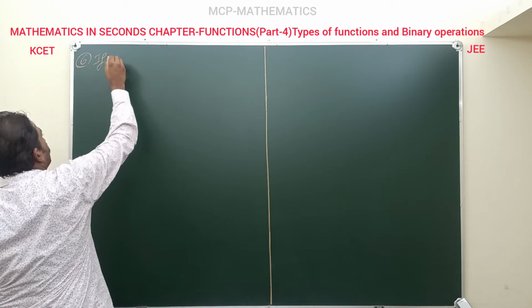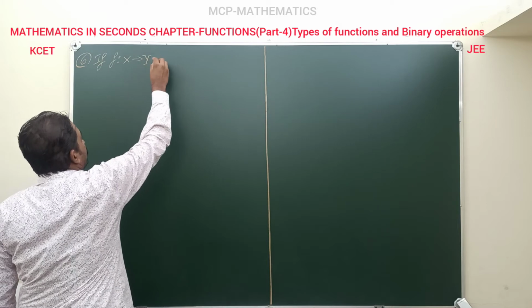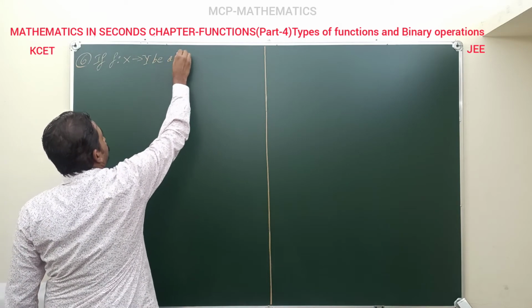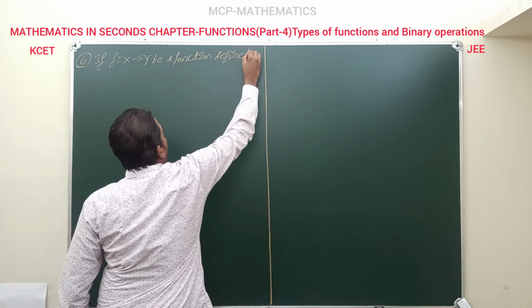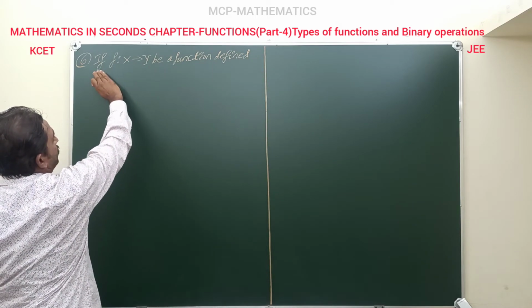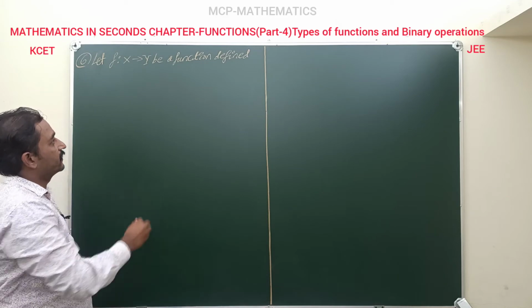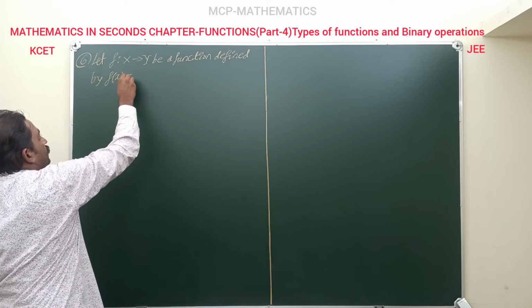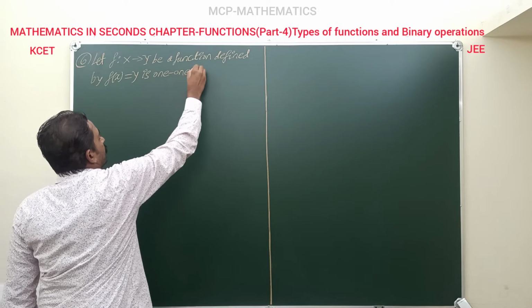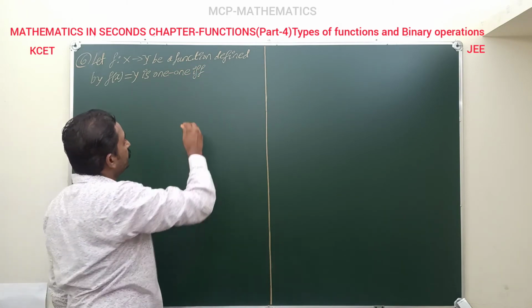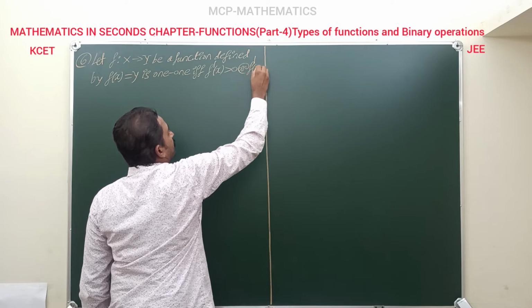So let f from X to Y be a function defined by y = f(x). It is one-one if and only if f'(x) > 0 or f'(x) < 0.